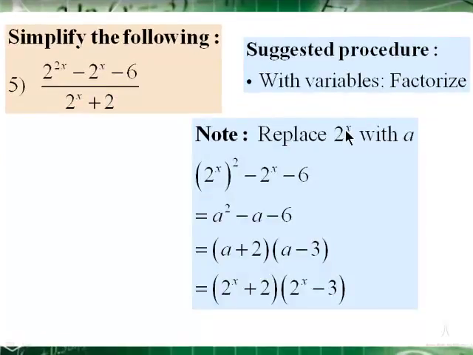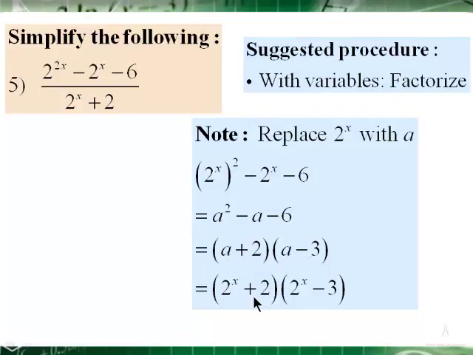By replacing 2 to the power x with a, the numerator expression becomes a squared minus a minus 6. I hope you can see that. Therefore the numerator is really a trinomial in 2 to the power x. So if I factorize this, I get a plus 2 multiplied by a minus 3, and then back substitute, in other words replace a by 2 to the power x.